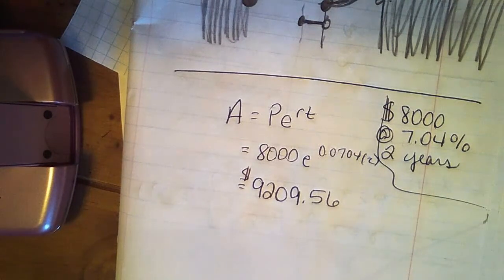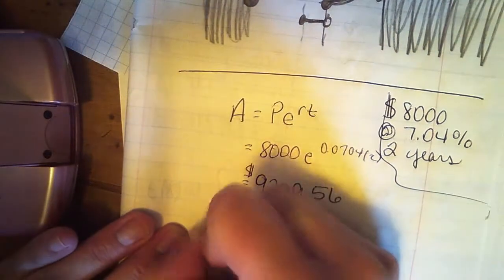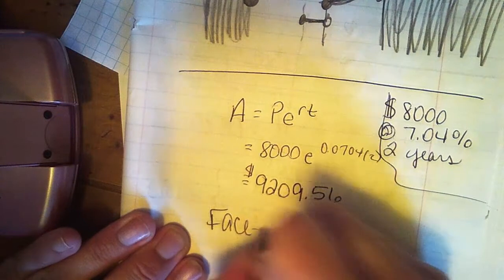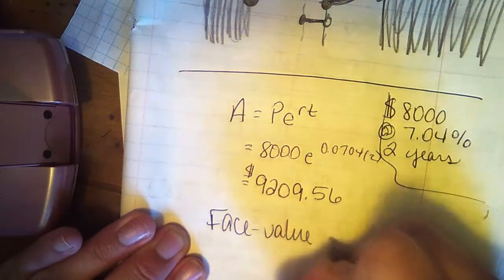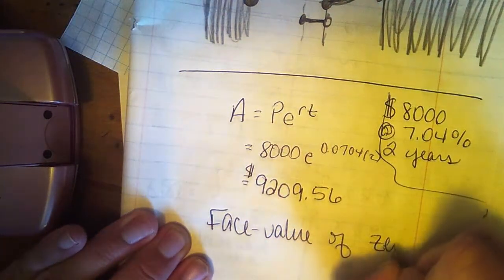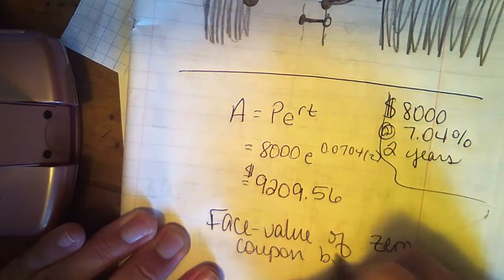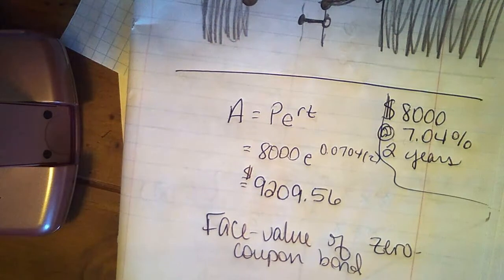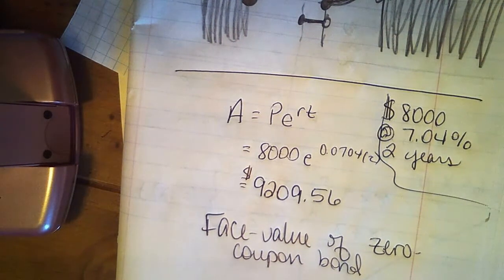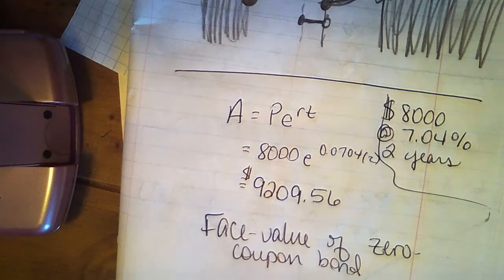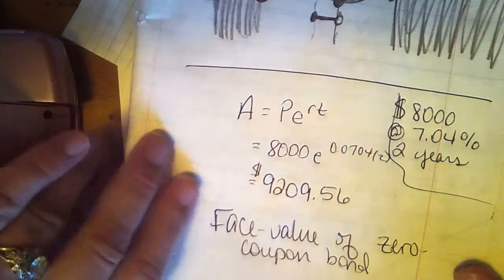So the next one we have is I want to find the face value of a zero coupon bond. So remember that you've got all this stuff typed up on notes in Blackbaud that you just need to download. So what am I given?